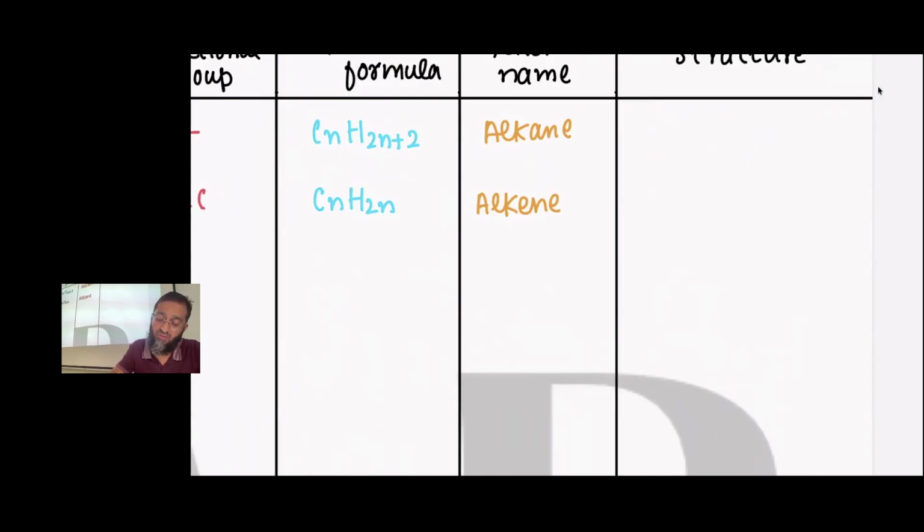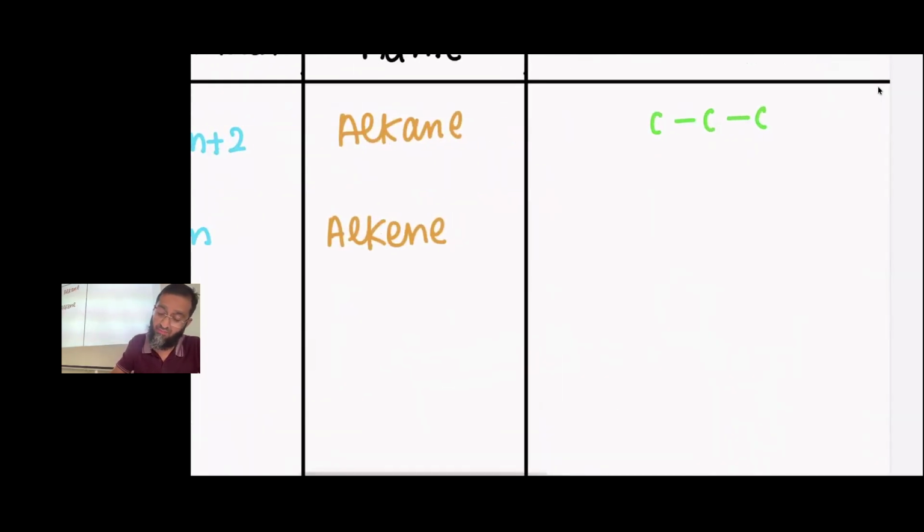One minute, let me draw the structure of both alkane and alkene. In alkane, there are all single bonds, and there are only two elements, carbon and hydrogen.